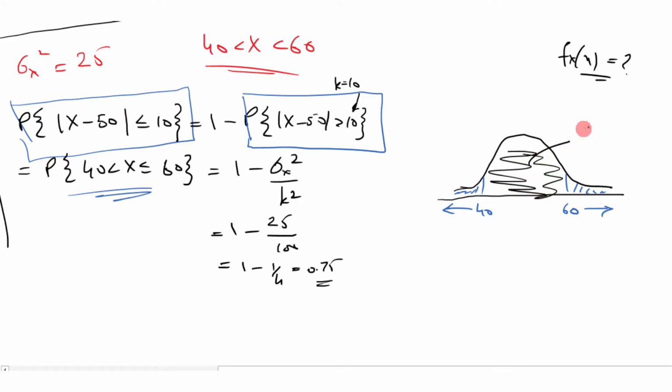As you can see, this is 75% area, whereas this thing is 25% area, and the total area is equal to 1 as expected, because we know that the area under the density function is equal to 1.